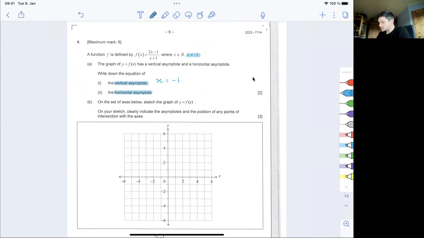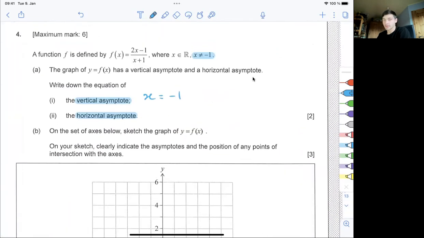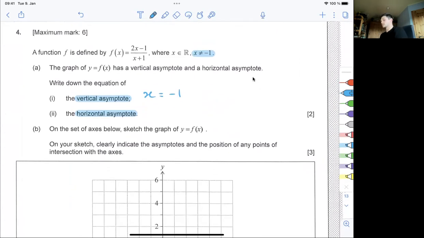Now, the horizontal asymptote for these functions, which are called rational functions, and I'll give you their form as well. The form of rational functions is (ax + b)/(cx + d), and that's essentially what we have for f here.